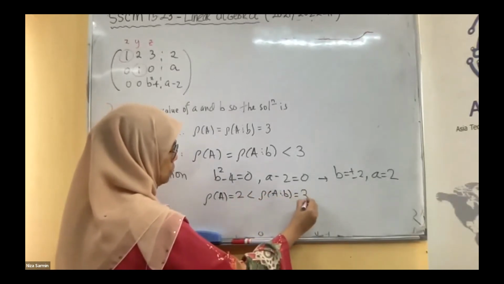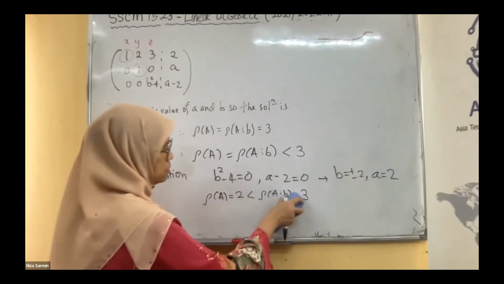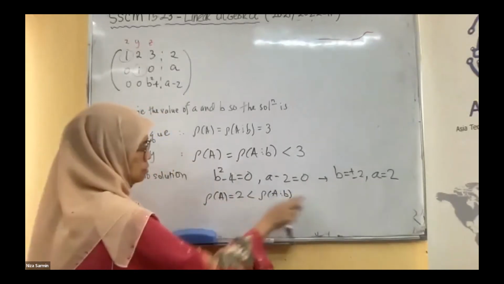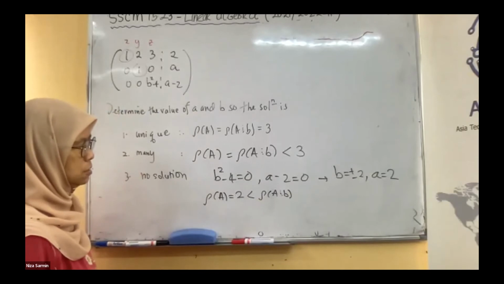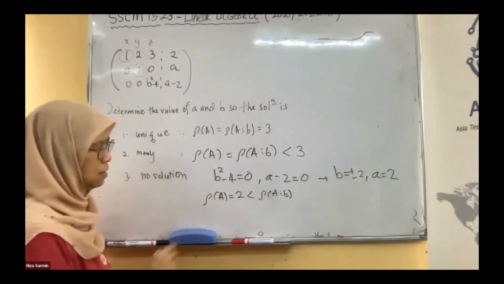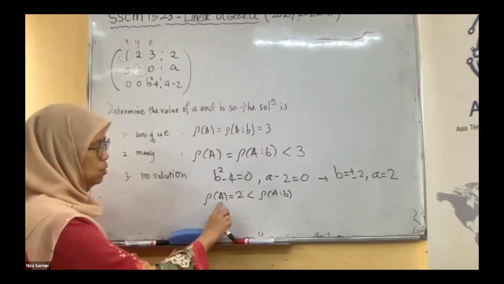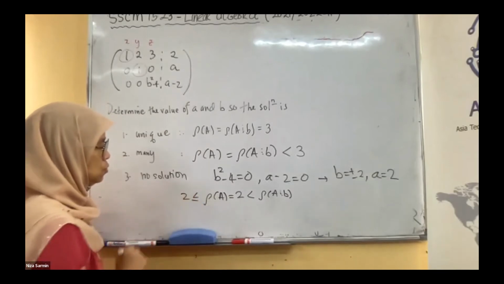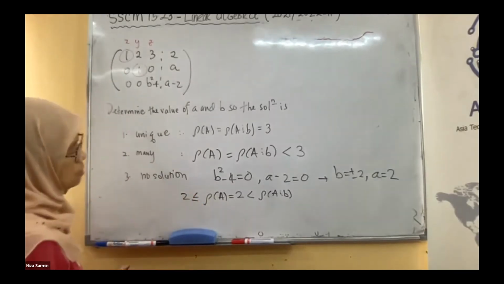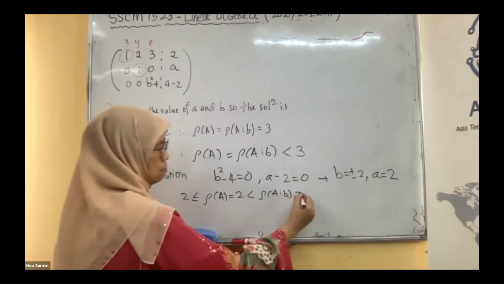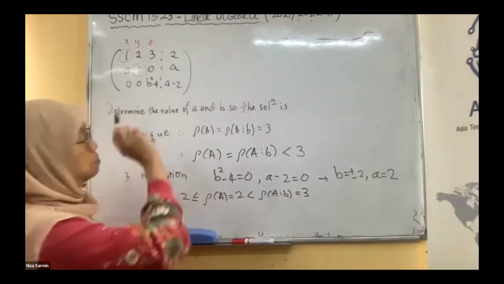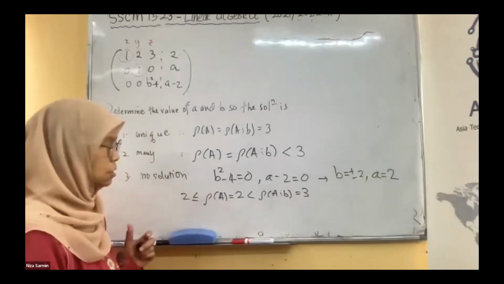We want it to be, it doesn't matter, right? You just put like this. As long as the rank is less, and we know that this is bigger or equal to 2. Because of this 2 already, we want to be less, and the most that we can get, because there are 3 rows, is 3.